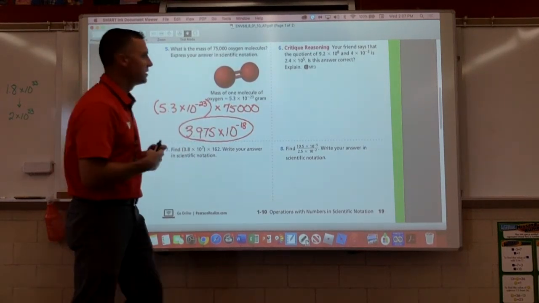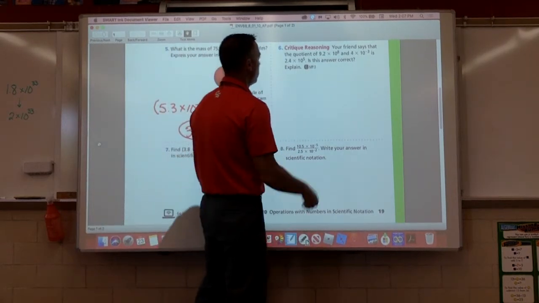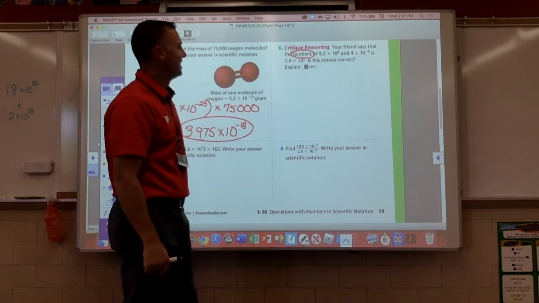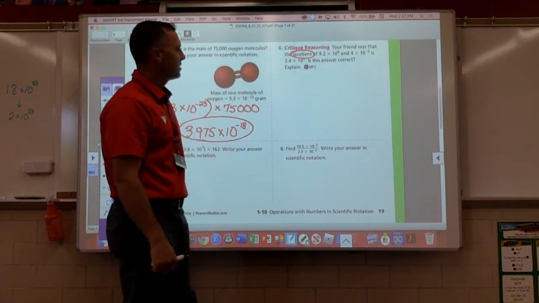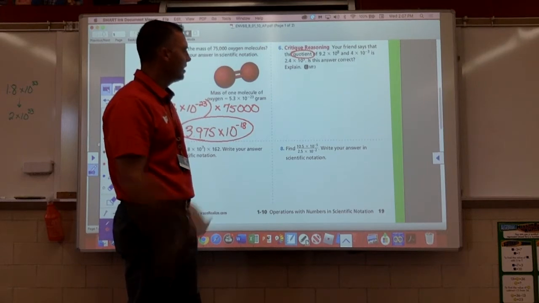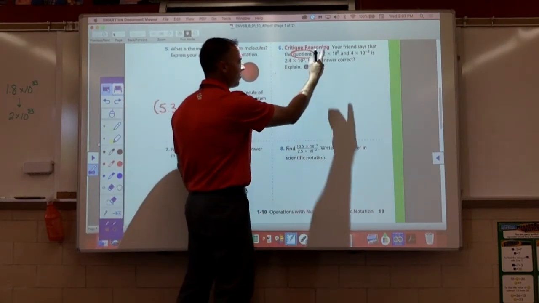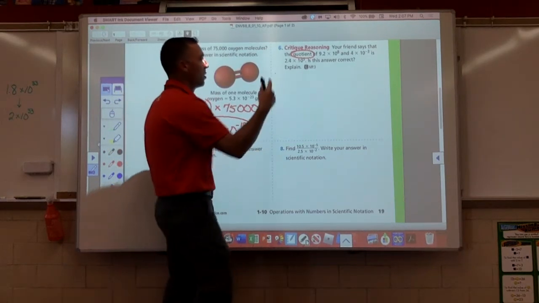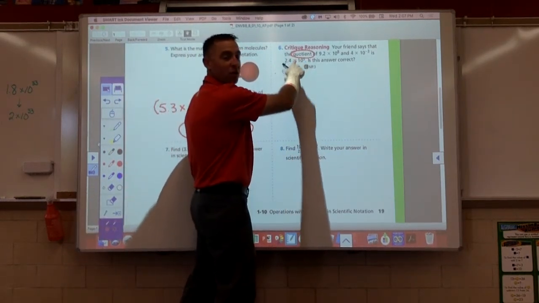Amazing. Your friend says the quotient. Key word, that looks like a key word. The quotient of 9.2 times 10 to the 8th power and 4 times 10 to the negative 3rd power is this number right here. Is her answer correct? For us to determine if she is correct, we need to find a quotient.